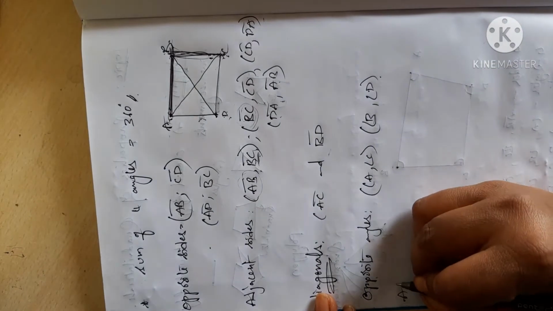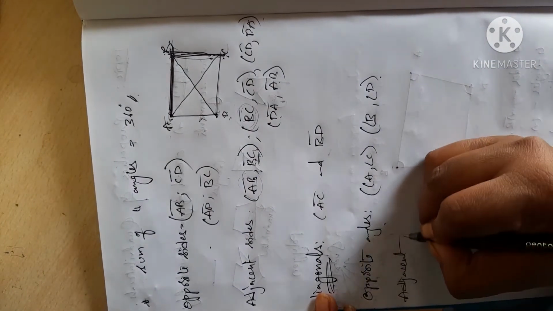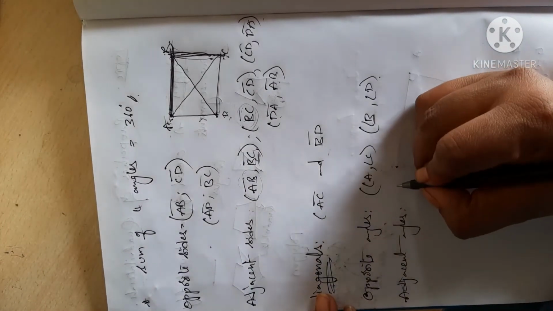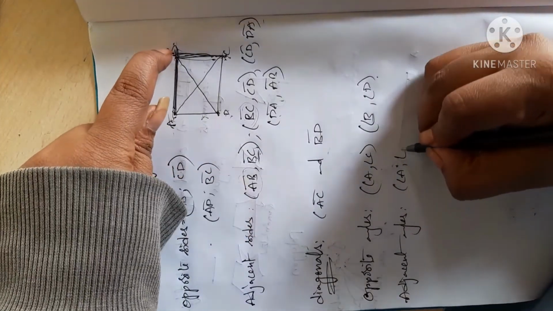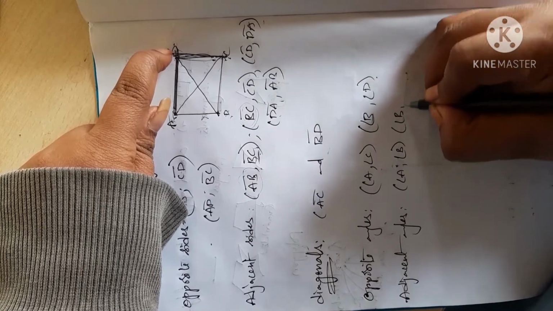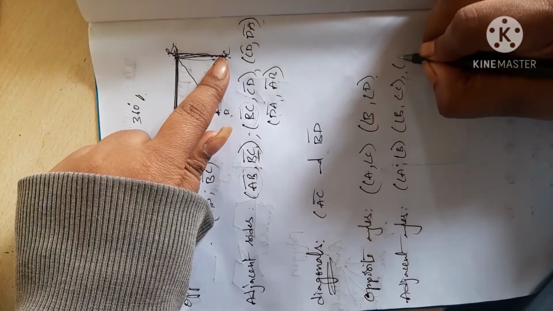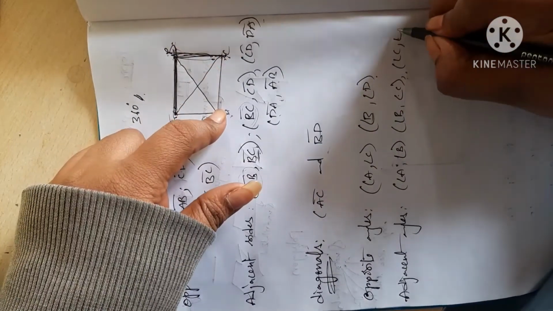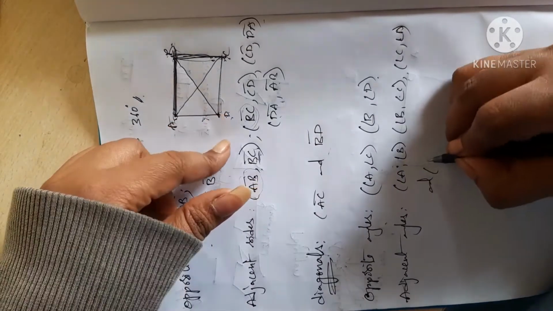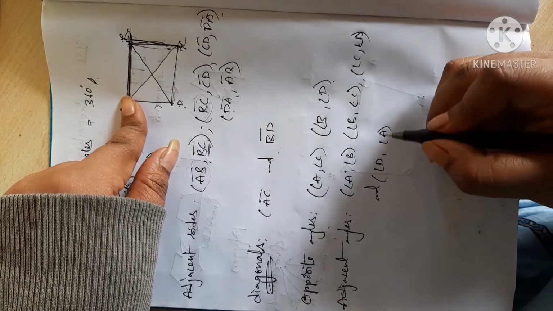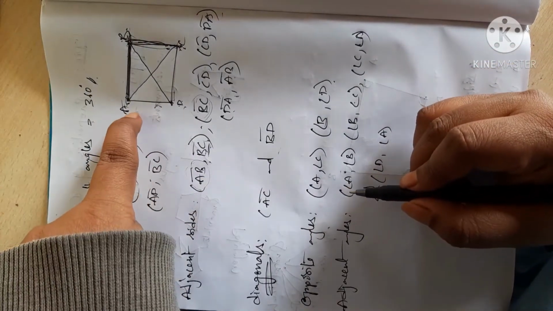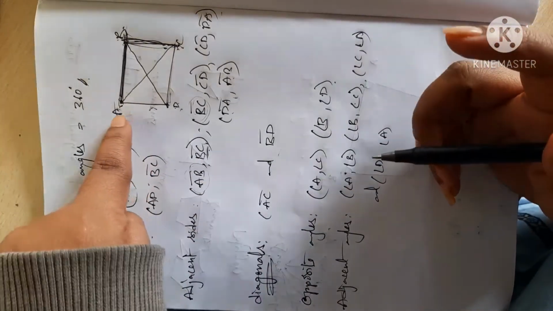Now what are adjacent angles? If you take angle A, the adjacent angle is angle B. Similarly, angle B's adjacent angle is angle C, angle C's adjacent angle is angle D, and angle D's adjacent angle is angle A. For one angle you are going to get 2 adjacent angles.